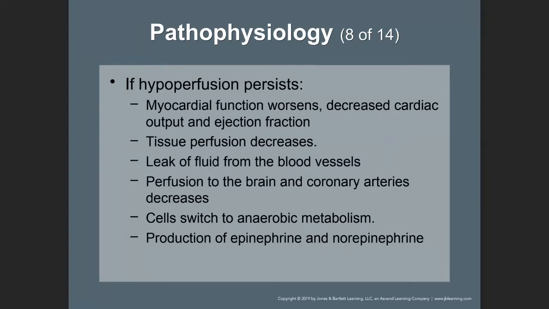Epinephrine will directly affect the heart and the lungs: beta-1 receptors in the heart, beta-2 receptors in the lungs. Norepinephrine will more affect alpha receptors in the blood vessels. Norepinephrine comes out first and causes the blood vessels to constrict, and then epinephrine comes out to sustain the effects.